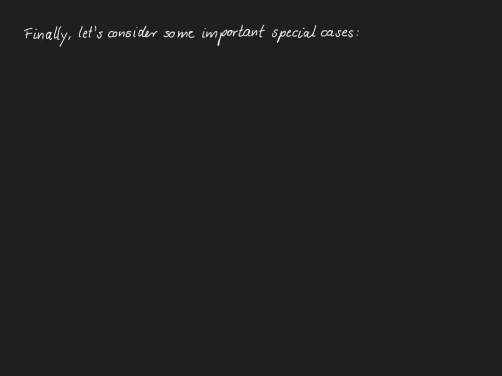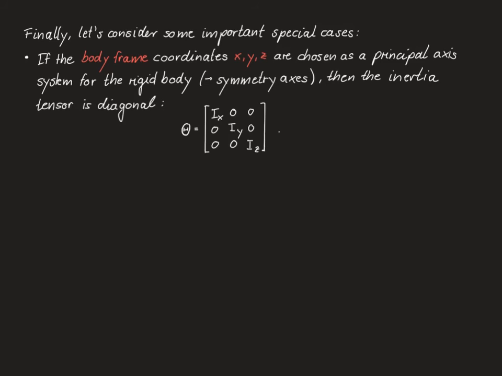At the end of this review on rigid body dynamics, let's consider some important special cases for the rotatory motion of a rigid body. First, if the body frame coordinates x, y, and z are chosen such that they form a principal axis system for the rigid body, then the inertia tensor is diagonal.